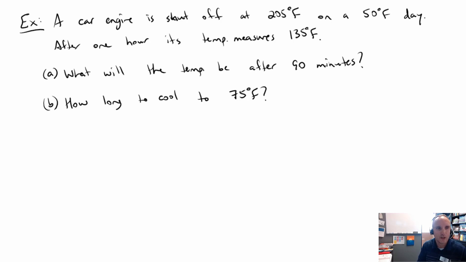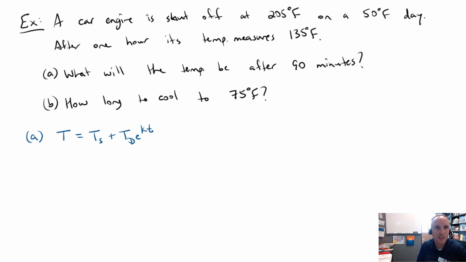Well, let's get started here on part A. For part A, we know we have the model T equals T sub S plus T sub D times e to the kt power. If we want to use this model, we have to plug values in for everything except the one unknown.